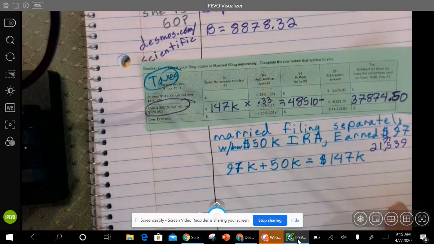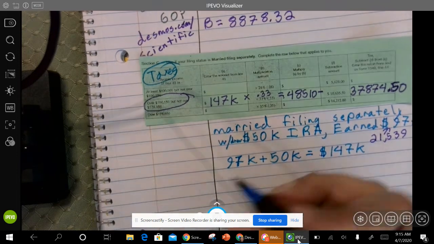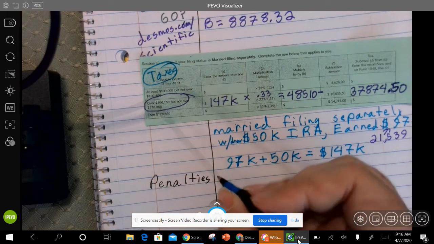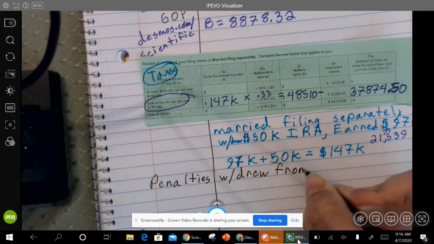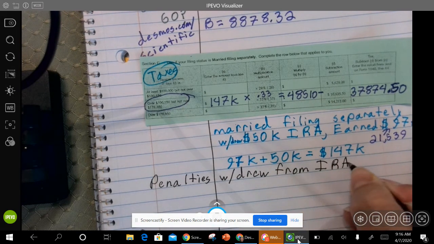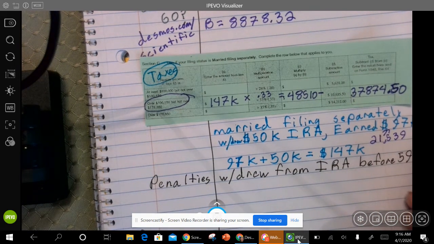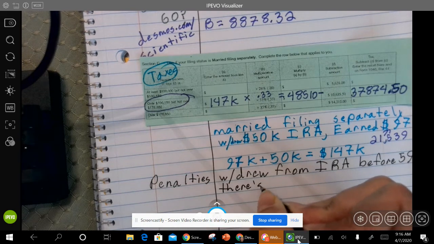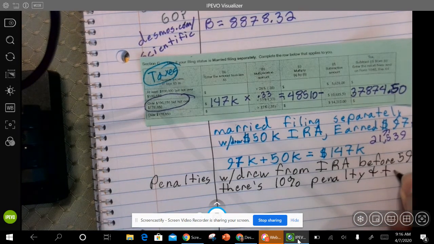Okay, so penalties. Again, like I said, this is why people will even take out a second mortgage. If you withdrew from your individual retirement account before you're 59 and a half, and this is for any of your retirement accounts, there's a 10% penalty, and you have to pay taxes on it.